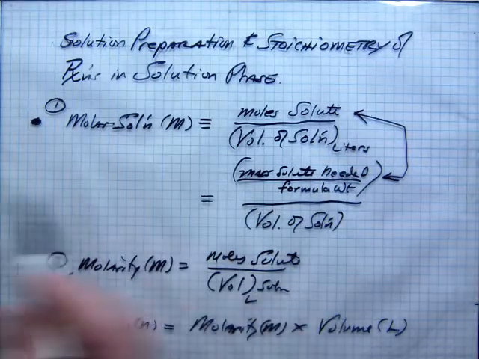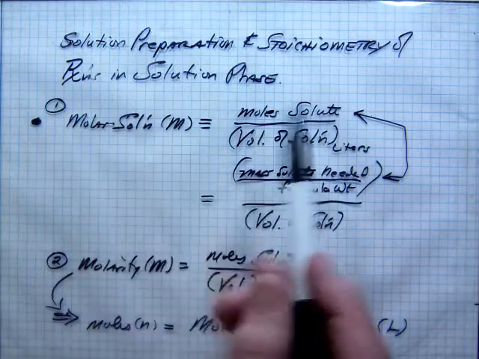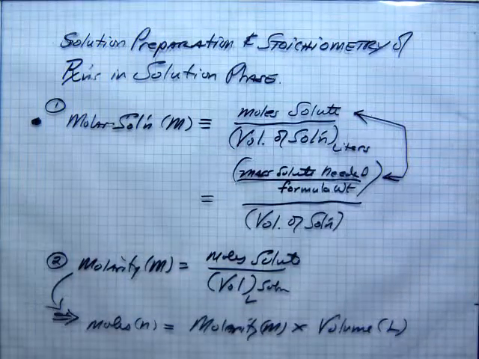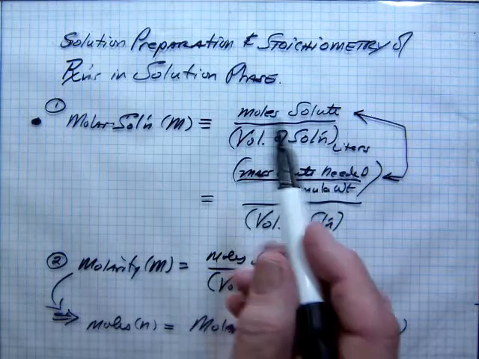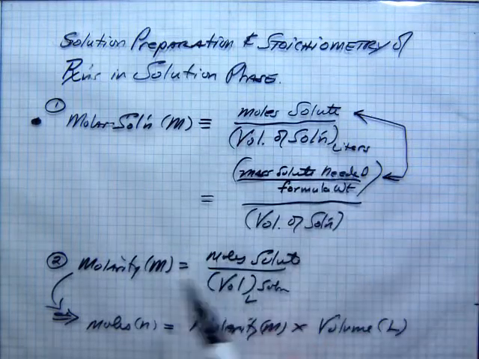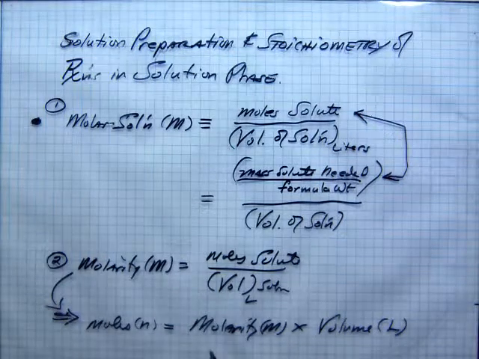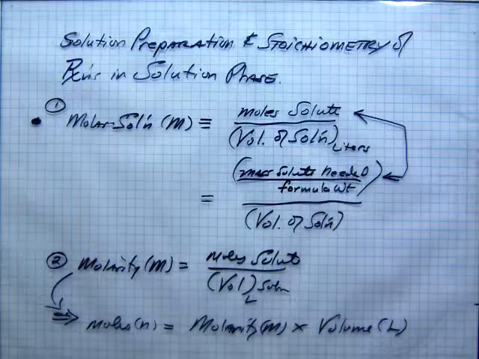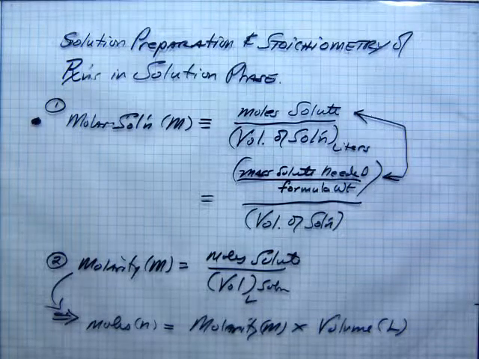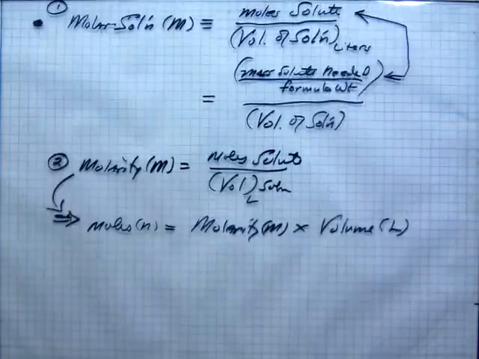So on the side, maybe on a scratch paper, write down molarity, M equals moles over volume, moles of solute over volume of solution. And moles is equal to molarity times volume. So kind of on the side, because all of these questions revolve around these combinations of terms.